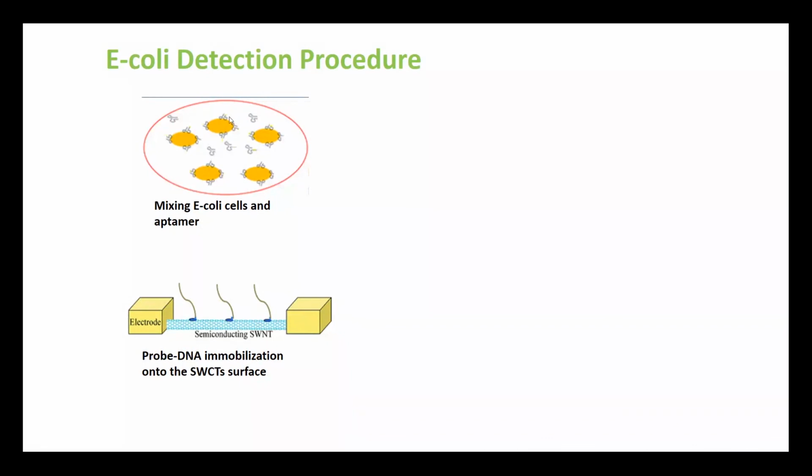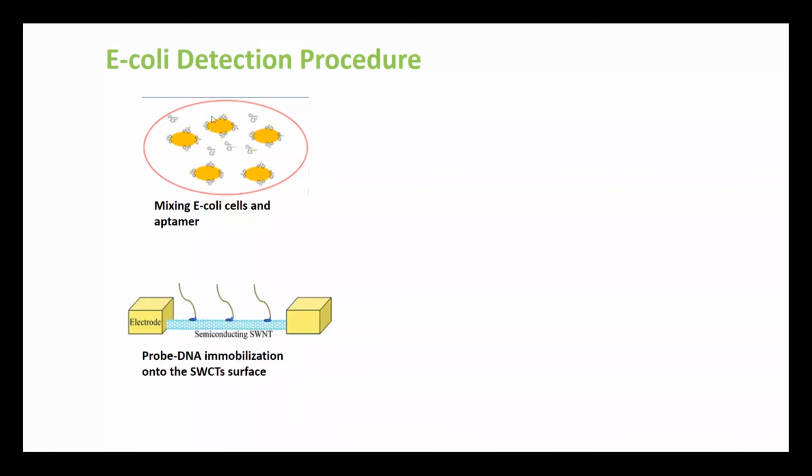E. coli has lipopolysaccharide in the outer shell, and this DNA aptamer binds to it. So this DNA aptamer binds to the whole pathogenic bacteria surface, so we don't need to do any DNA extraction or anything like this. They bind directly to the pathogen surface.